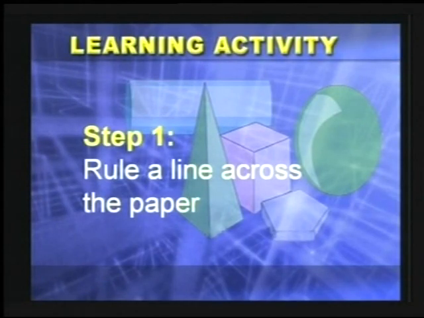So please listen carefully. Step number 1, rule a line across the paper. So you get a blank piece of paper and you rule a line across like that on the screen.